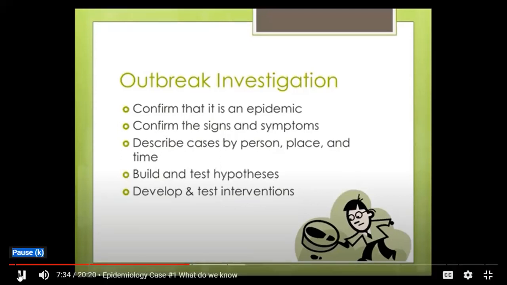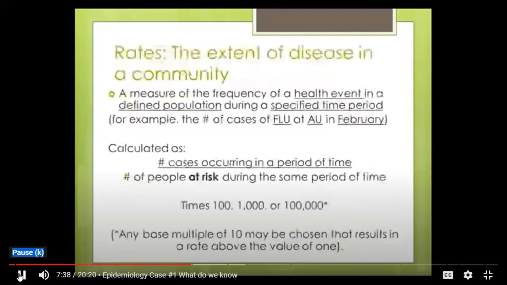Then interventions are developed and tested. In epidemiology, we use rates to express the extent of disease in population groups. So rates are a measure of the frequency of a health event in a defined population during a specified time period.